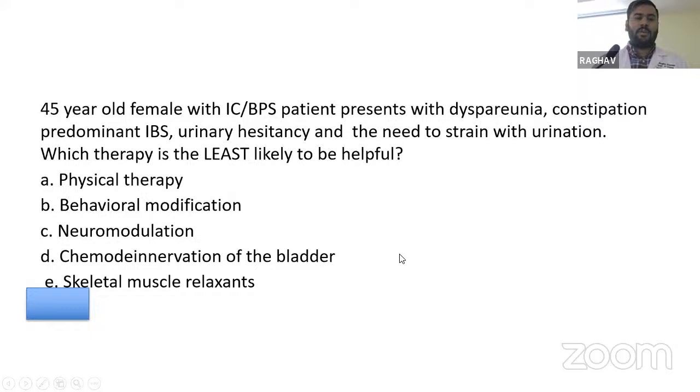A 45-year-old female with IC-BPS presents with dyspareunia, constipation predominant IBS, urinary hesitancy, and the need to strain with urination. Which therapy is the least likely to be helpful? Physical therapy, behavioral modification, neuromodulation, chemodenervation of the bladder, or skeletal muscle relaxants?